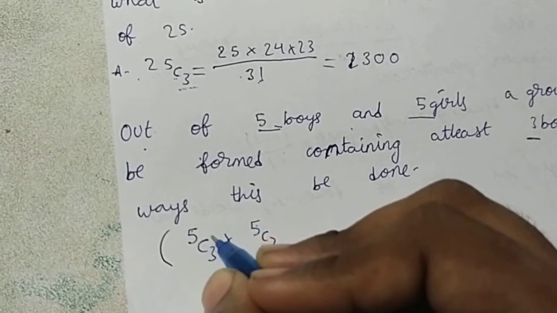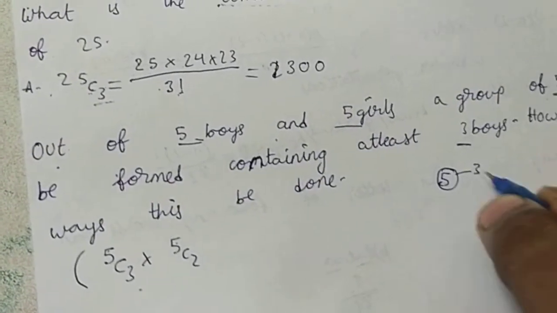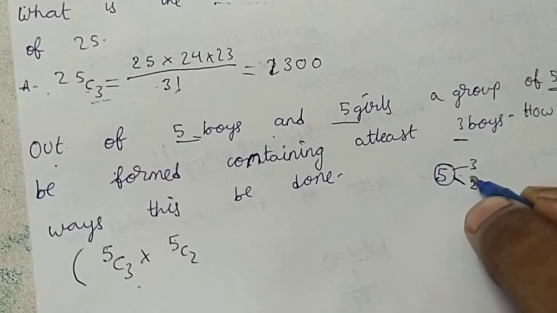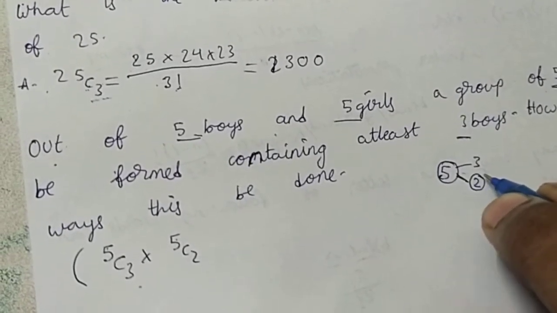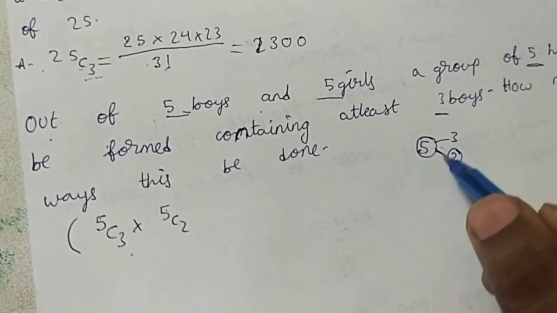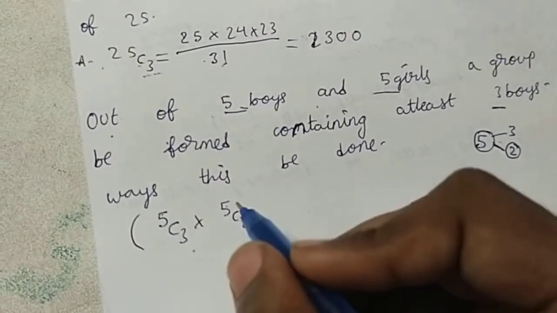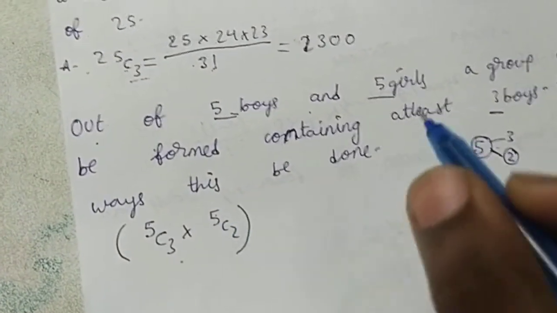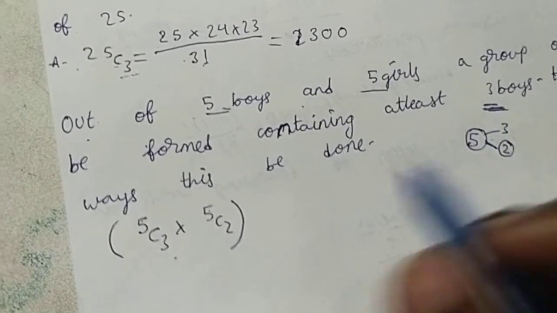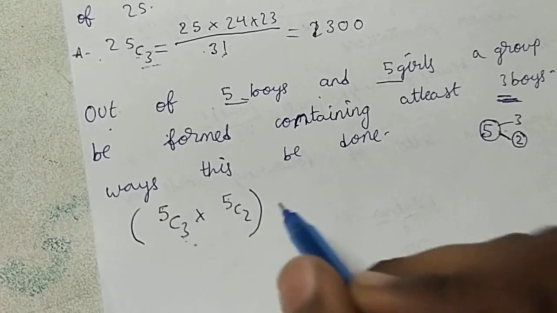For a group of 5 members we have taken 3 boys, and there are 2 places left. These are for girls, so we start with the condition they gave. So we have started with 5C3 into 5C2.